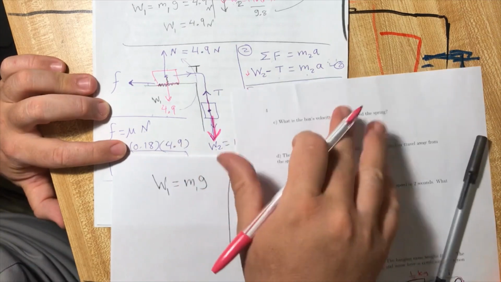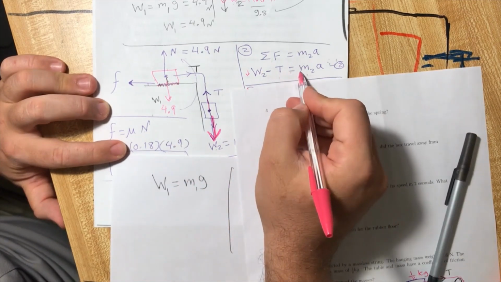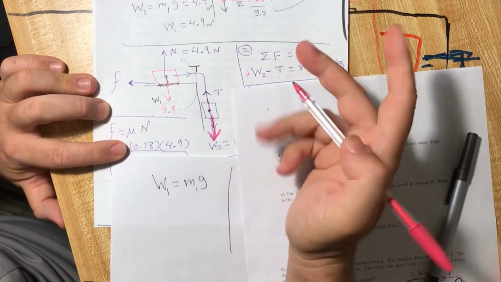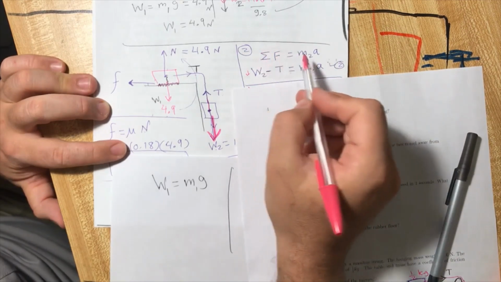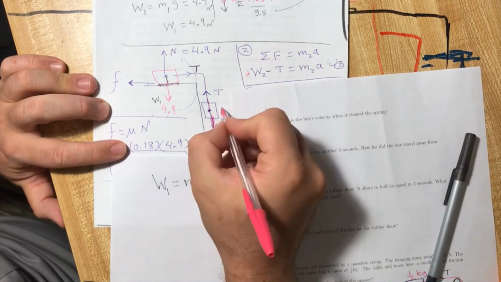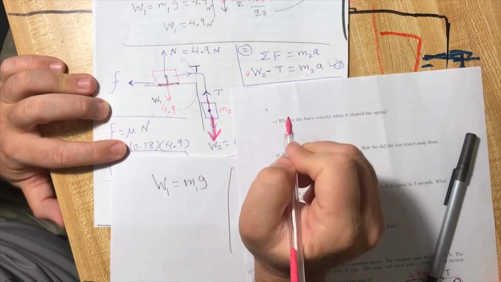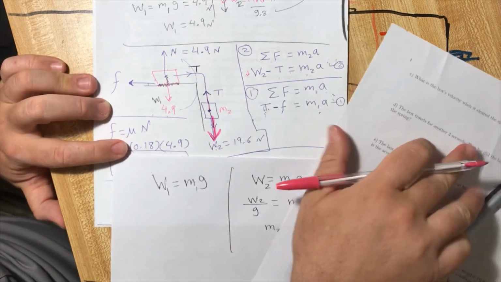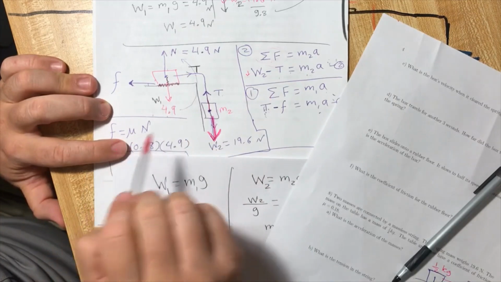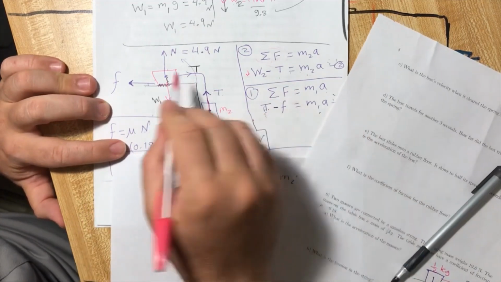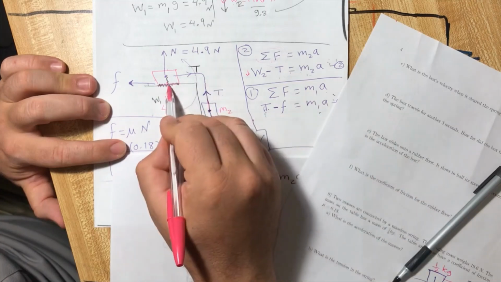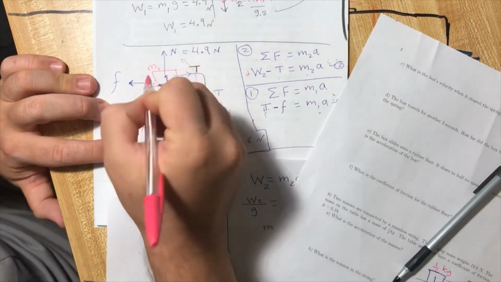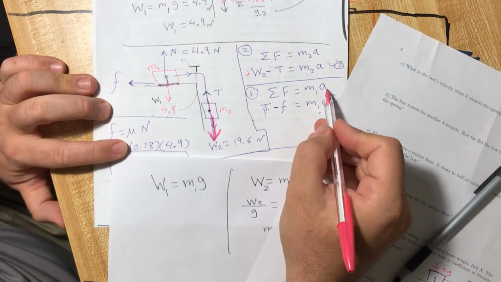Okay, this will be equal to m multiplied by a, because Newton's second law says that the total force is equal to mass m2 multiplied by acceleration. Going to the first object, the total force on the first object is equal to m1, the mass of the first object, multiplied by the acceleration.